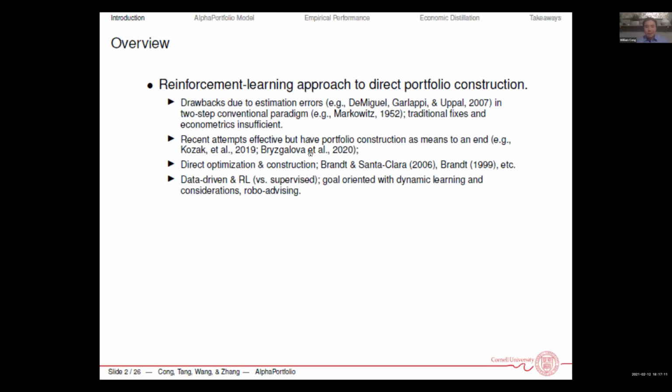And this is the literature that's very much related. Our paper is close to a series of papers by Brandt and co-authors. They take the supervised learning approach, and if you take the parametric approach, there's still the problem of misspecification. It's not to say that supervised learning wouldn't work.